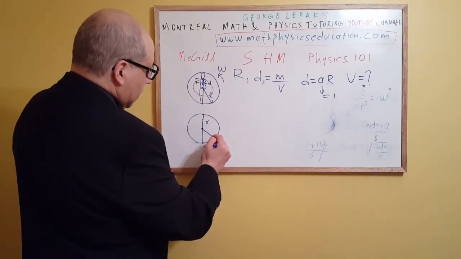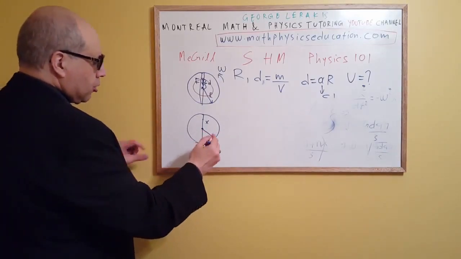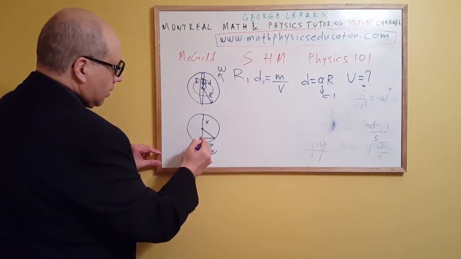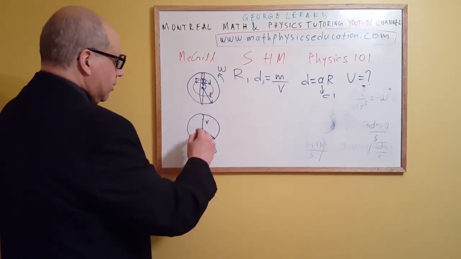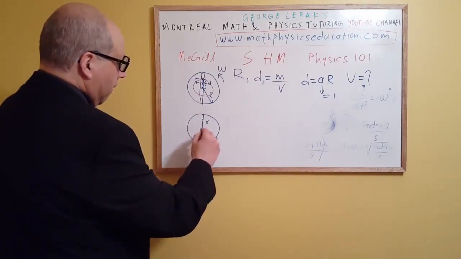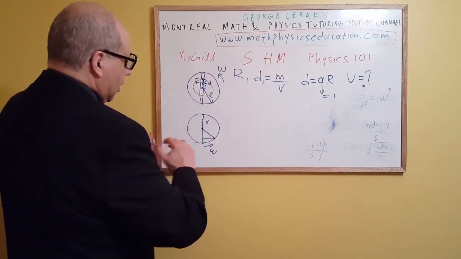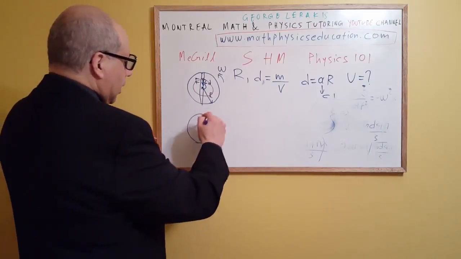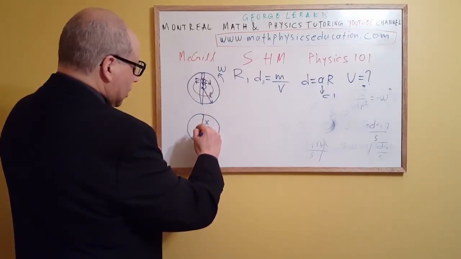Let's say at some point the object is in this position. We'll call this distance x, and let's call this distance here y.